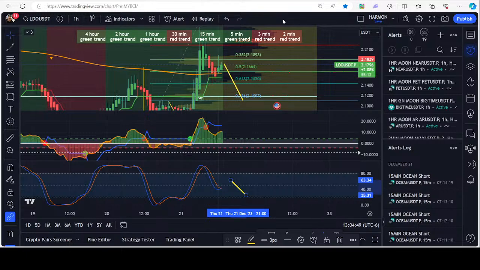So right now, if you're looking for an LDO trade, you need the 1 hour RSI to pump up and then start heading down again, right? Now once that happens, that is the trade that we're looking for. Now we need the 15-minute moon to be set in there, and a 15-minute trend to be set in, and the entry is always confirmed on the 3-minute.